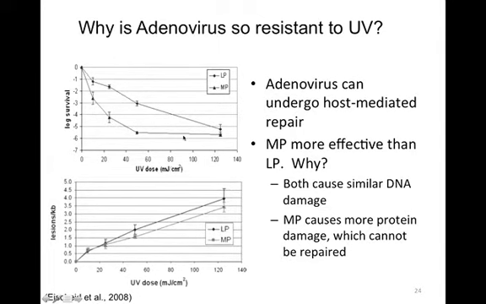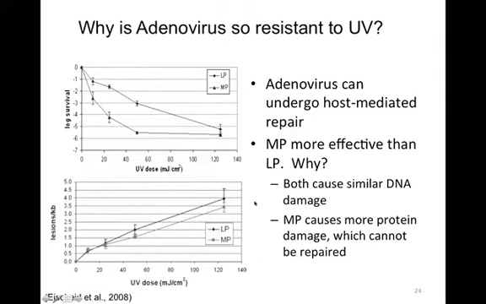So you can see that the medium pressure causes more inactivation. And the reason they think that occurs is because medium pressure UV lamps, remember, produce UV light over a whole range of wavelengths. And they think that it causes other types of damage that cannot be repaired, in particular protein damage.